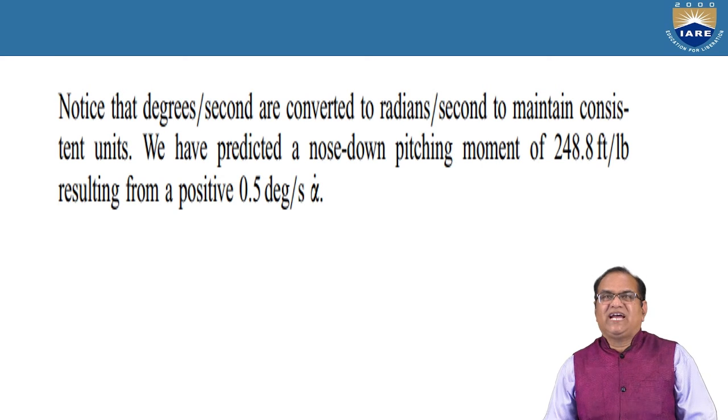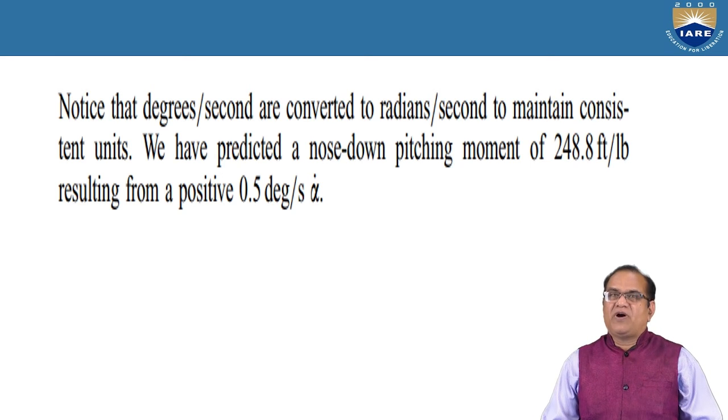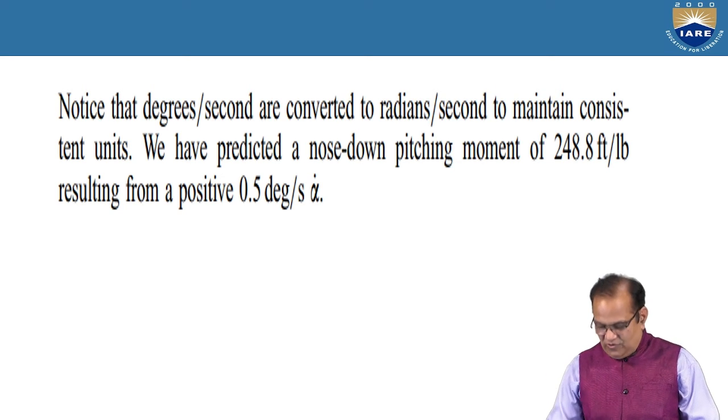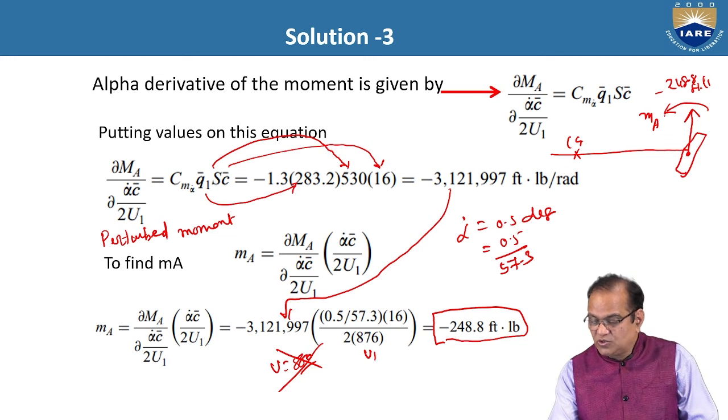Now notice that degrees per second are converted to radian per second to maintain consistent units. We have predicted a nose down pitching moment of 248.8 feet pound, resulting from a positive 0.5 degree per second of alpha dot. So this means it is nose down.